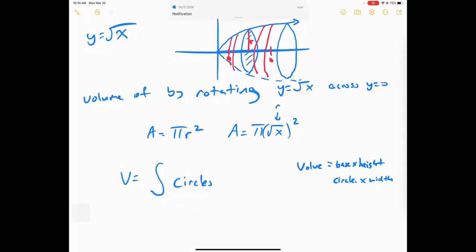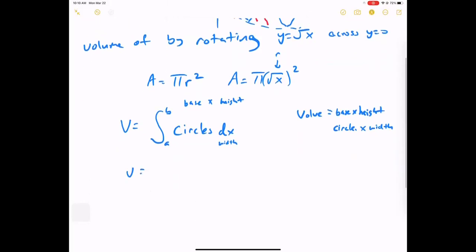Do we want big chunky cylinders? Nope, we want as thin cylinders as possible. So we're going to throw a little dx here, and this is our width. Or you can think of this as your base times height from a to b. Turns out this is the formula for volume, because we're just adding circles together.